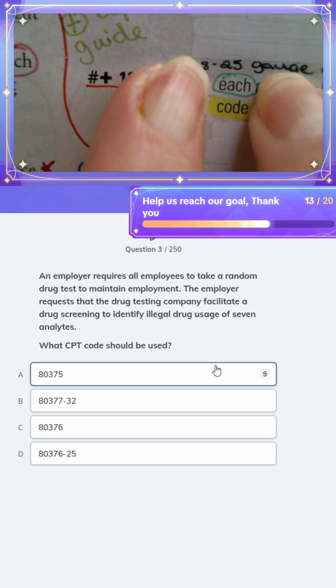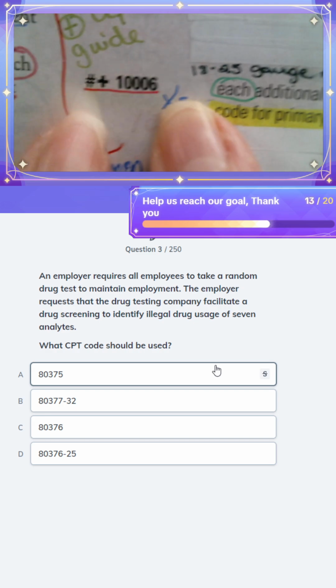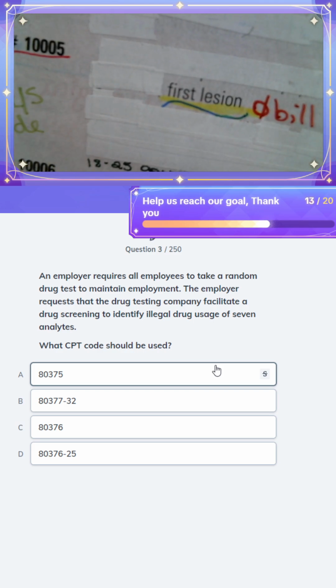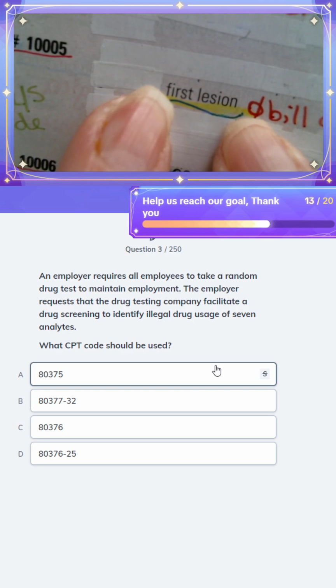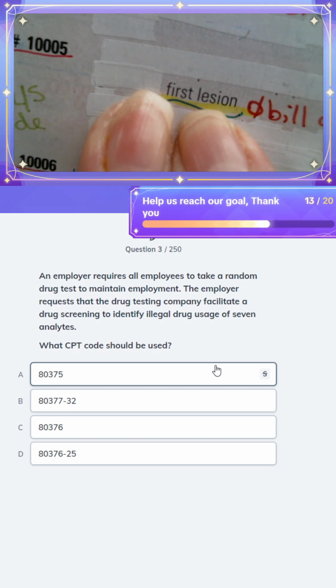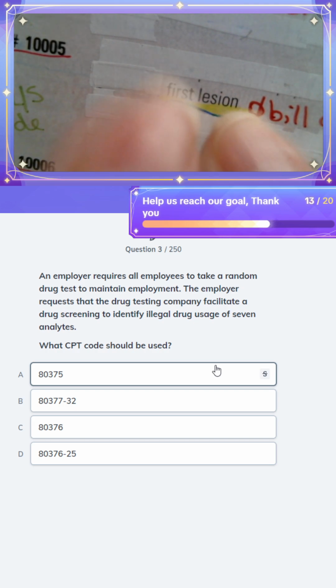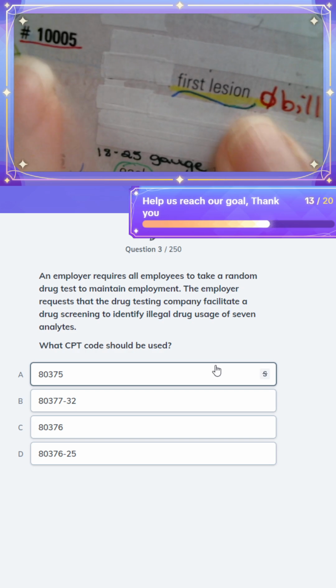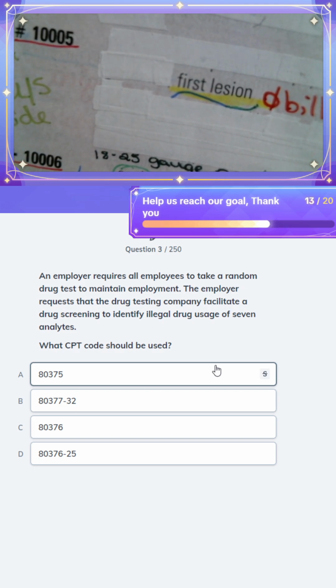If they have the word each, then you can. Ones that say first lesion, first injection, first whatever, you cannot times these because it's only doing the number 1, the first one that you ever do. It's never doing a second one. So you cannot ever times anything like that. You are so welcome.